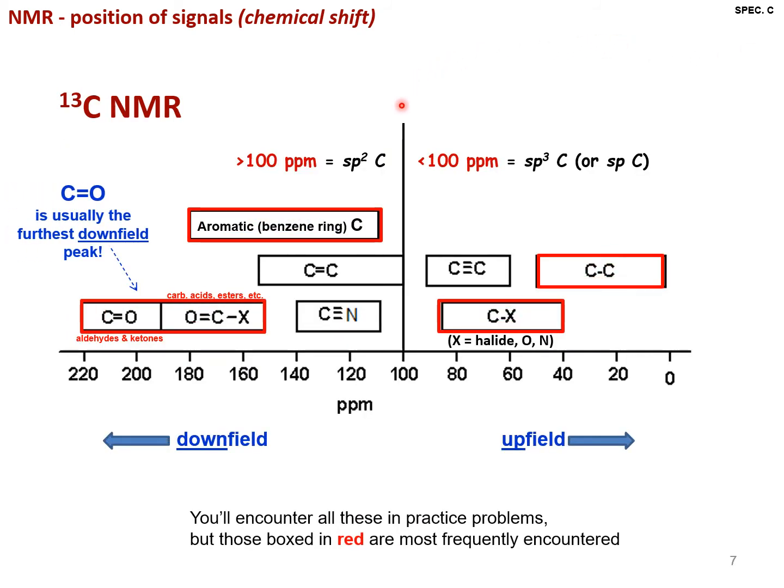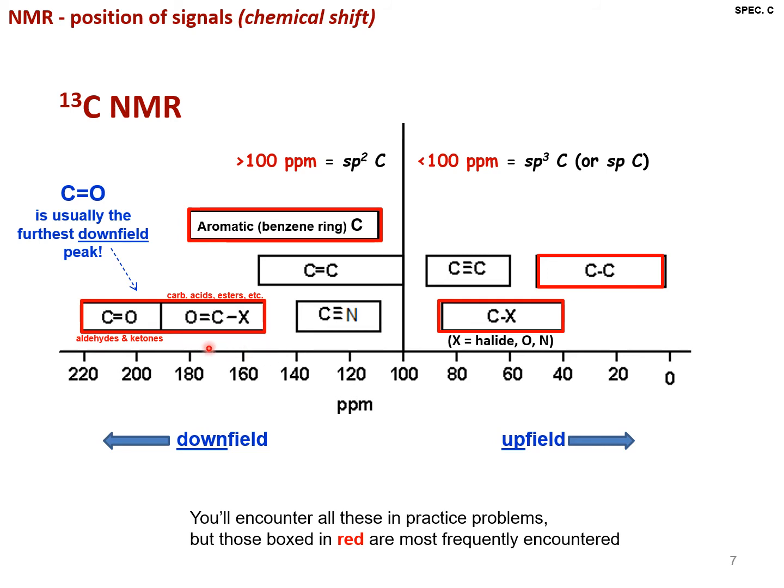In carbon NMR, the general rule of thumb is sp3 hybridized carbons appear less than 100 parts per million, and sp2 hybridized carbons appear greater than 100 parts per million. The furthest downfield peaks are always going to be those for a carbonyl. Aldehydes and ketones are the furthest downfield, 190, 200, or even greater.